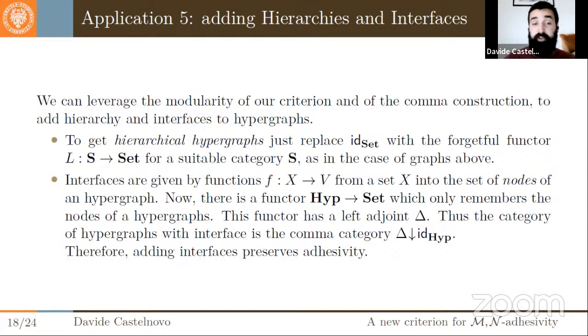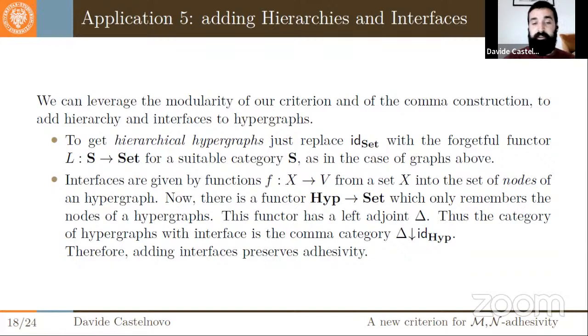So a function from X to the set of nodes is simply a morphism of hypergraphs from the free hypergraph on a set X into a given hypergraph. So the category of hypergraphs with interface is simply the comma category Delta over the identity.